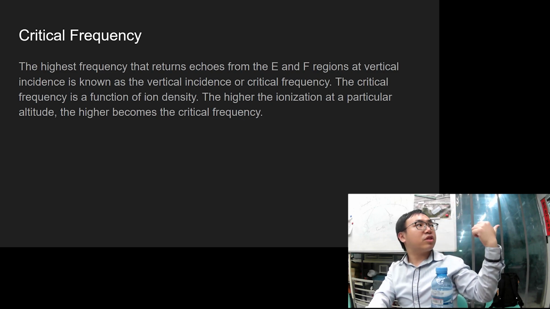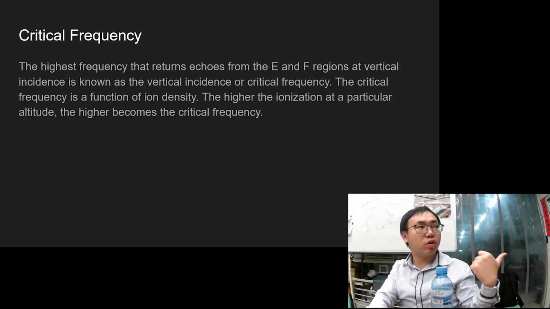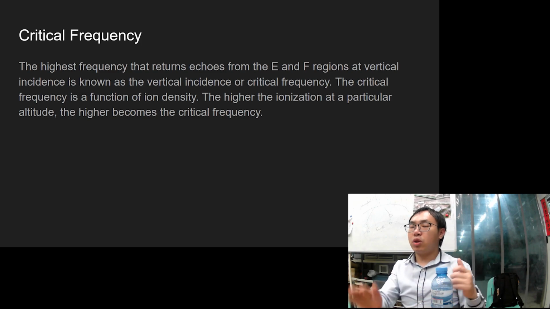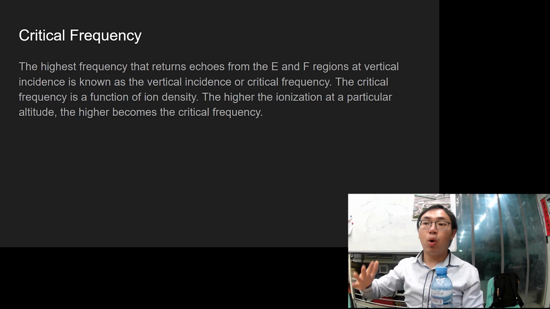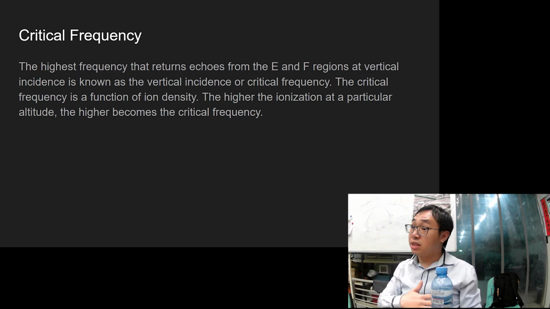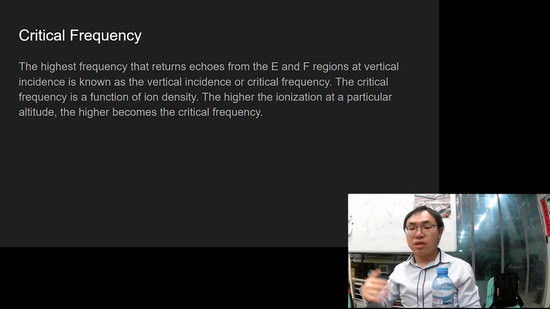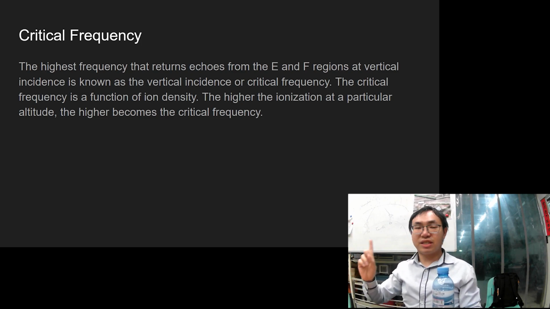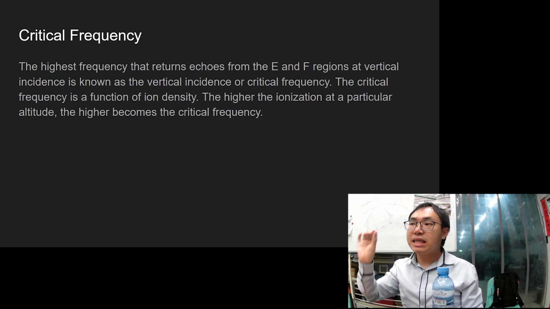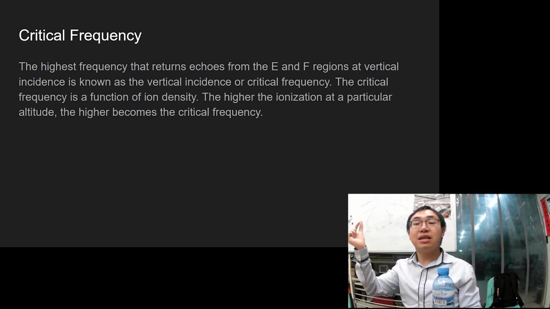They don't do a lot of refraction when they have a zero angle. That's why if they can measure the critical frequency on that day, they know that all the frequencies below the critical frequency can be used safely. They won't escape from the Earth.